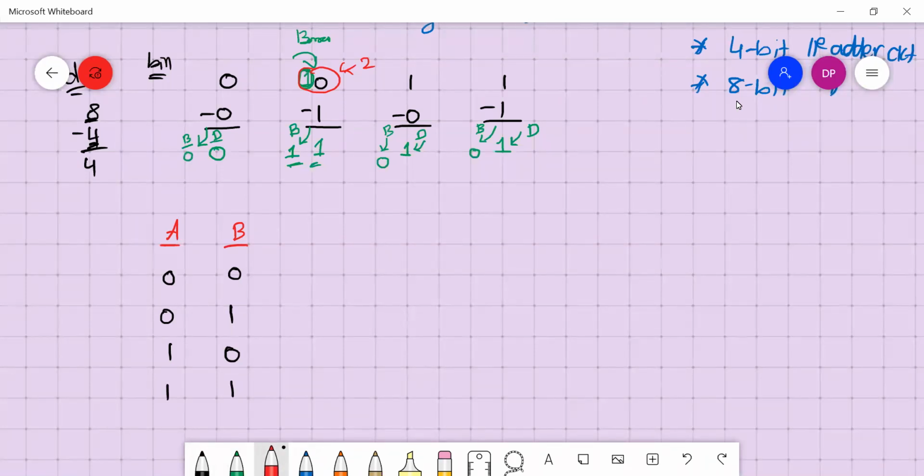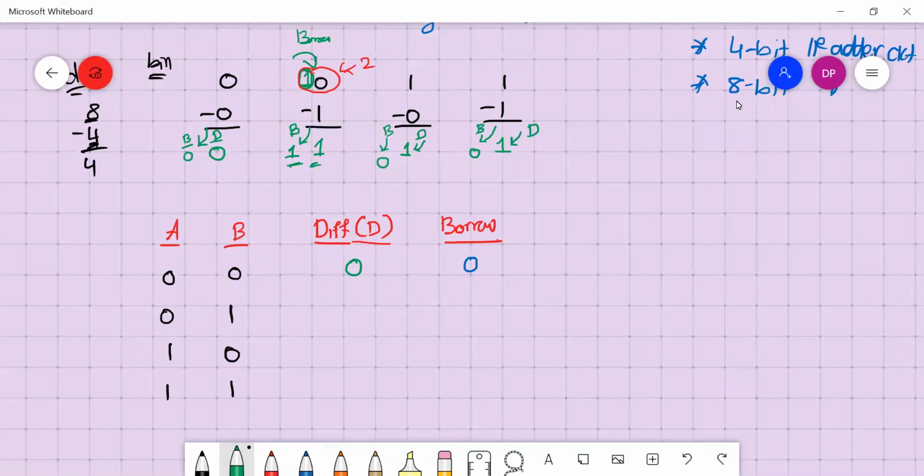For the output, I can have the difference, which I will call D, and borrow. Let's see what we are getting. 0 minus 0, difference was 0, isn't it? And borrow was also 0.